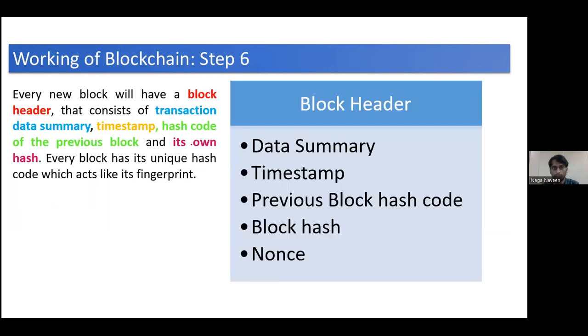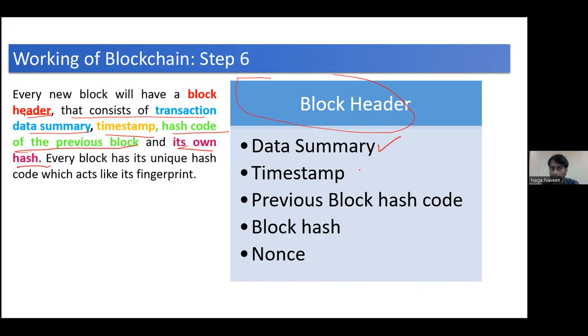Now, once we have a sufficient number of transactions, a sufficient number of mempools to make a block, every new block will have a block header that consists of a data summary, timestamp, hash code of the previous block, and its own hash. If you think that this is a block header, it will contain a data summary, the summary of whatever data is present inside that block.